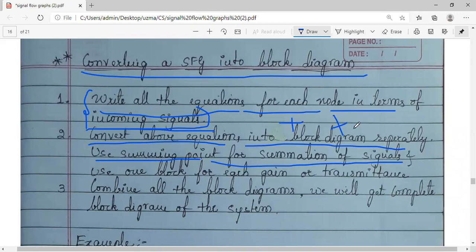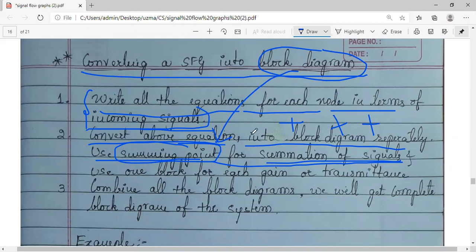So the law of superposition applies here. If the equation is in terms of a sum, then wherever the summation comes, you have to use a summing point, because we are drawing a block diagram here. One of the important components of a block diagram is a summing point. It will have some input lines, output lines, feedback, and summing point.